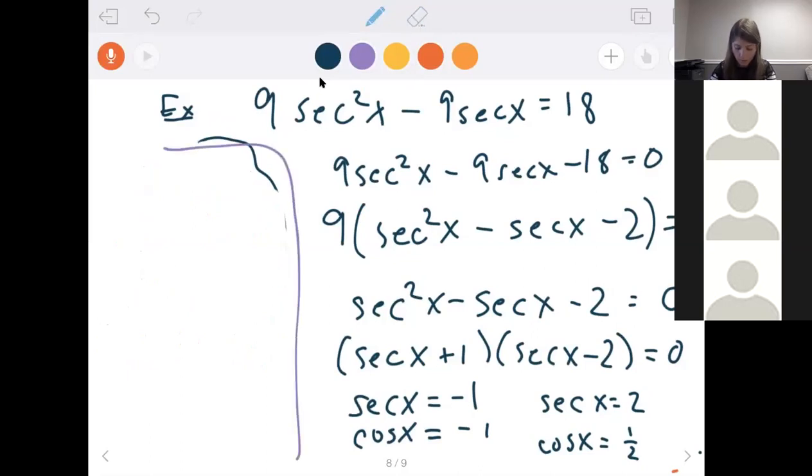Think about your pi and plugging it in. 9 secant squared of pi minus 9 secant of pi. We want to see if that equals 18. It actually checks. And we're focusing on the left side.